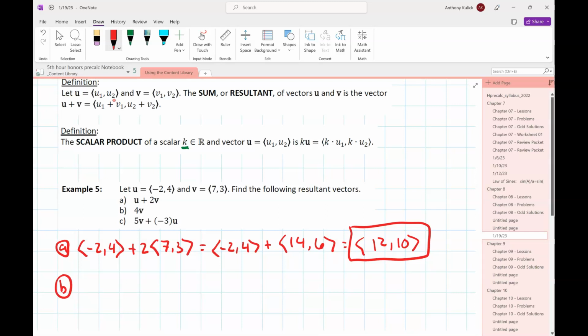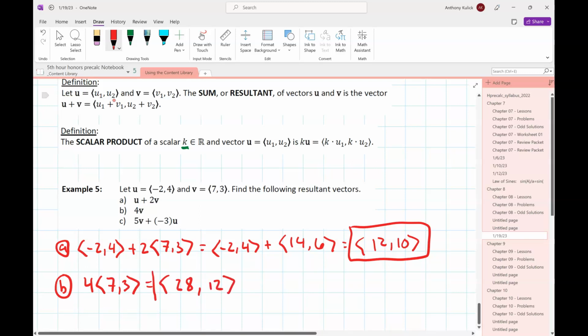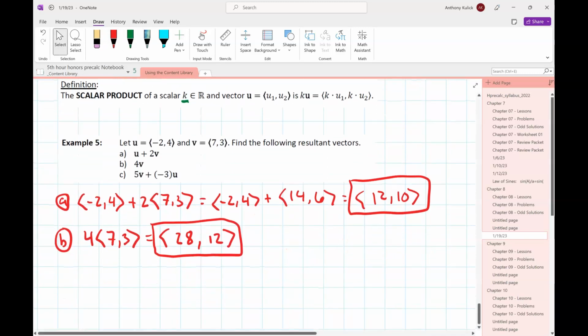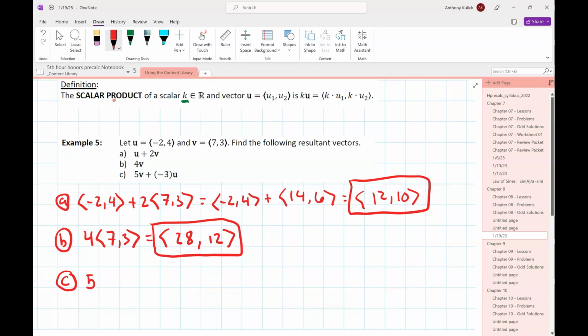If I wanted to do 4v, well, there's only one operation going on there. So there's that. And then we have 5v plus -3u.